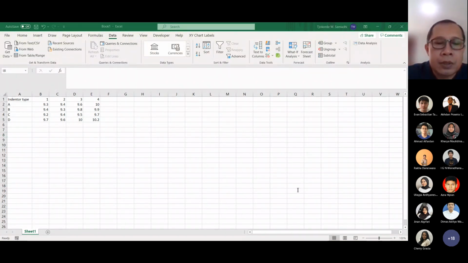In Excel, use the Data menu, then Data Analysis, and it will give you a pop-up window, and from there choose ANOVA two-factor without replication.